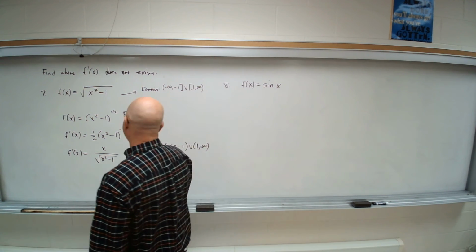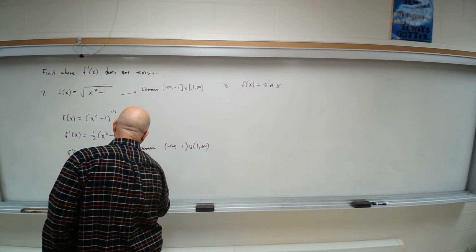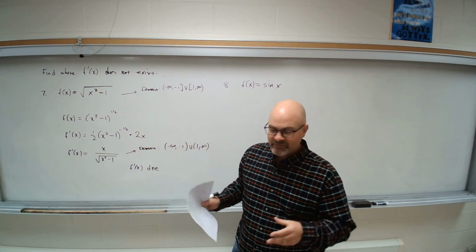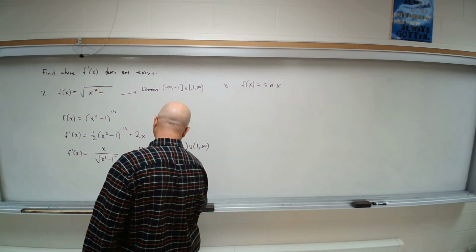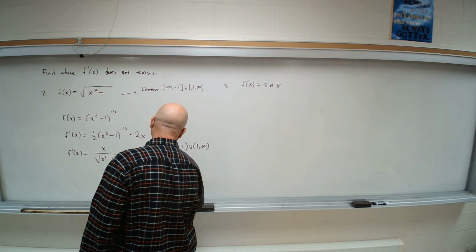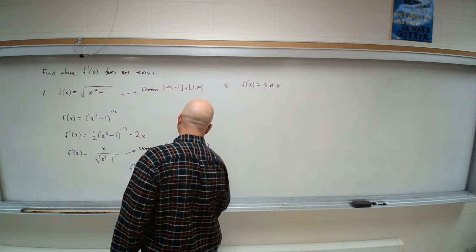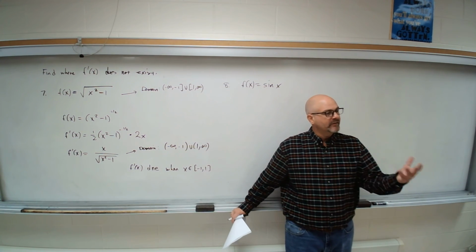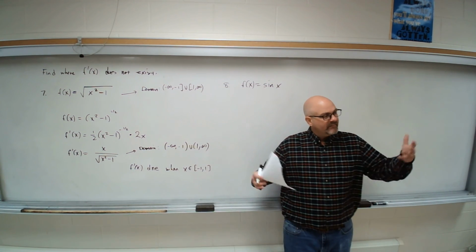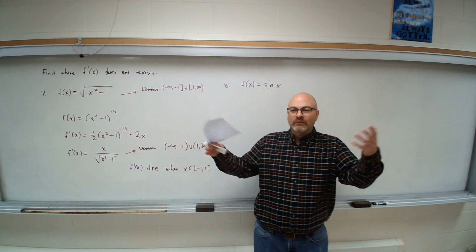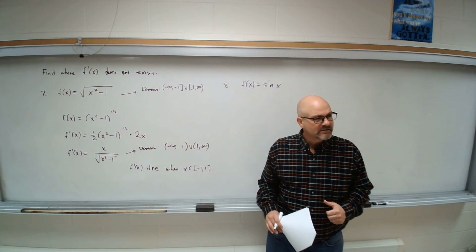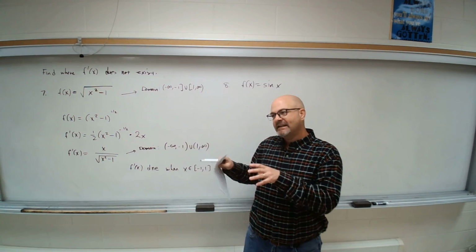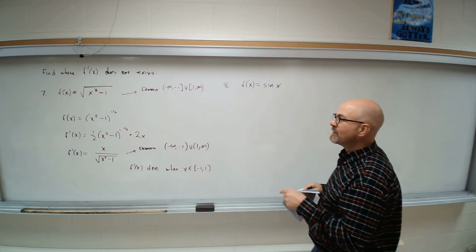So we could say f prime of x does not exist, you'll see DNE as an abbreviation, when x is contained from negative 1 to 1. Anywhere from negative 1 to 1, the derivative does not exist, and that implies everywhere else it does exist. So again, no new derivative skills here, but we're looking at the answer differently and seeing how it works. And we're about to run out of time.